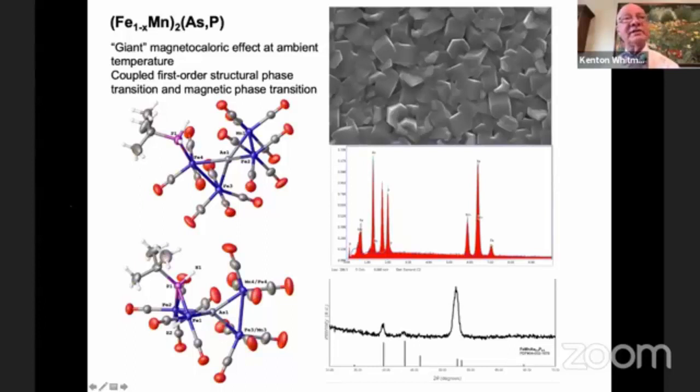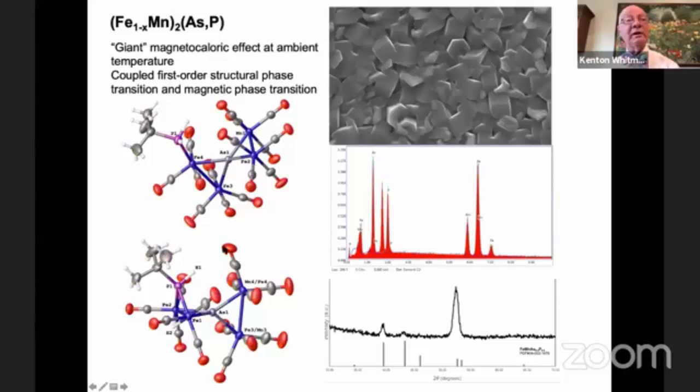So here were our attempts, and we were successful in actually making these new organometallic complexes. We were able to take our starting materials, some compounds. I'm not going to tell you about the synthesis right now, but we have some materials that have 3 irons and an arsenic that we could react with manganese and also with our tert-butyl phosphine ligand and make a tert-butyl phosphine 3 iron 1 manganese metal carbonyl compound.